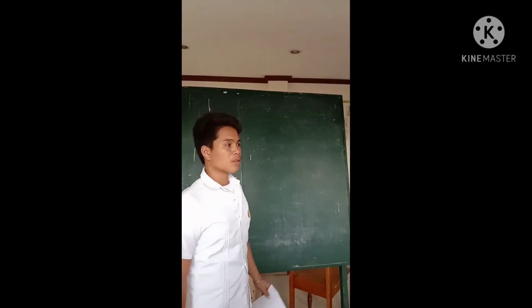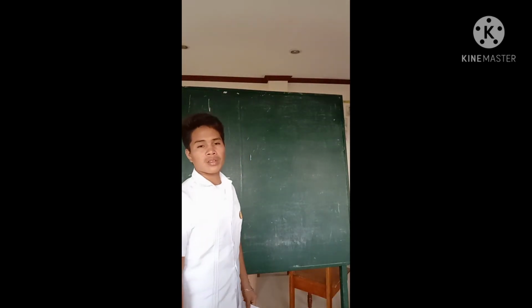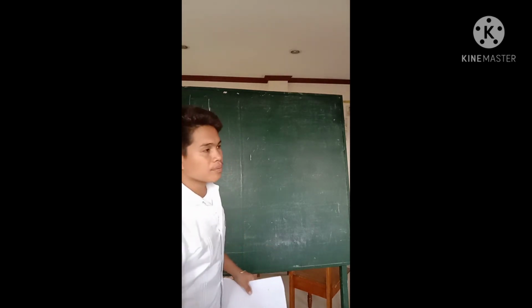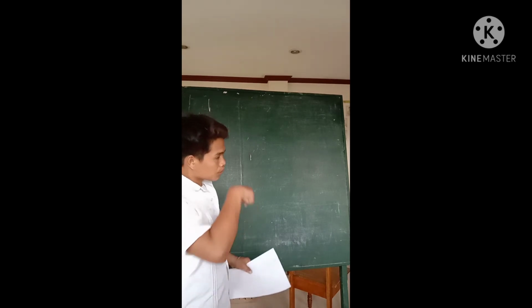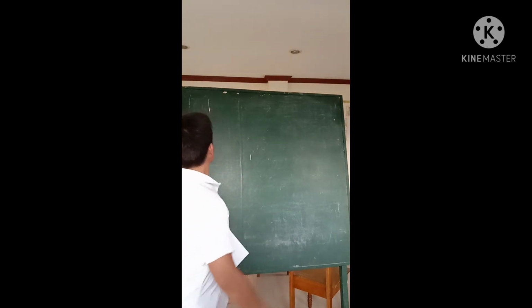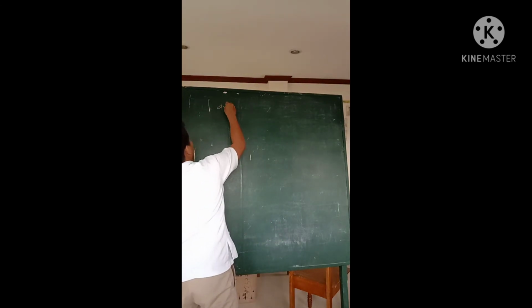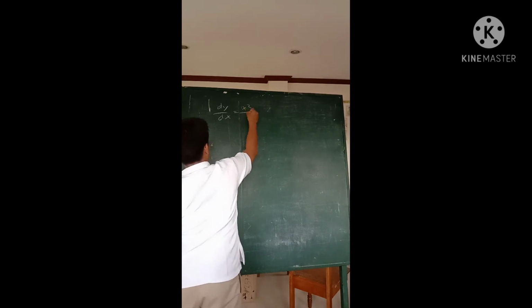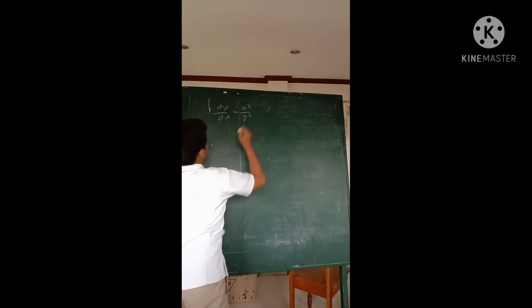So for now, we need to proceed to solving separable differential equations. Problem number 1: dy over dx equals x squared over y squared.